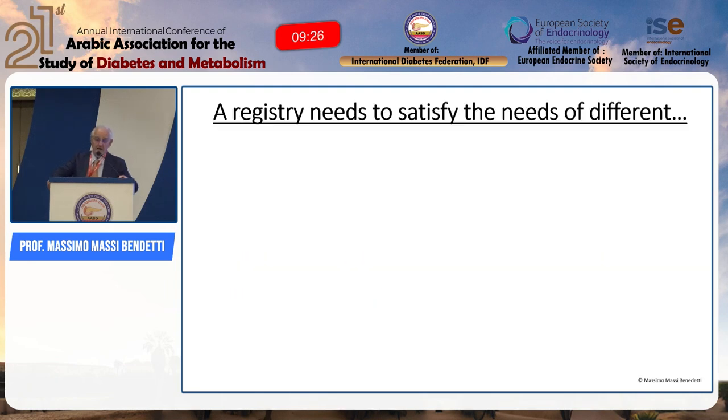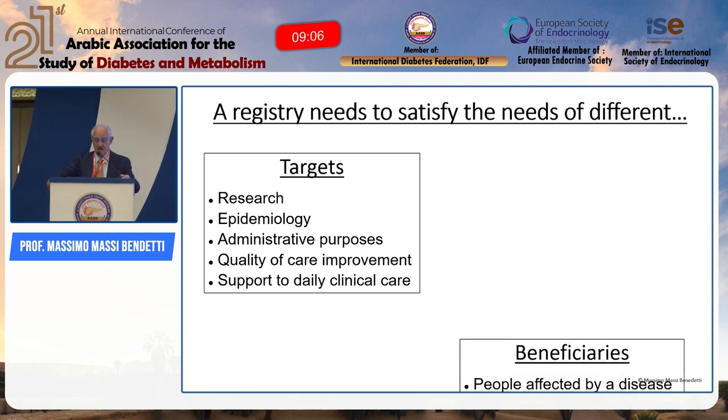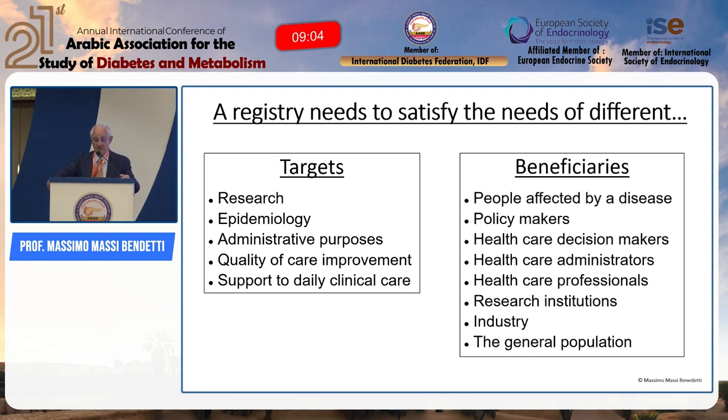So a registry needs to satisfy the needs of different targets for research, epidemiology, administrative purposes, quality of care improvement, and support also to the daily clinical care. So it's quite a wide spectrum of targets, and to the benefit of people affected by diabetes, by disease, policymakers, healthcare decision makers, healthcare administrators, healthcare professionals, research institutions, industries, and the general population.